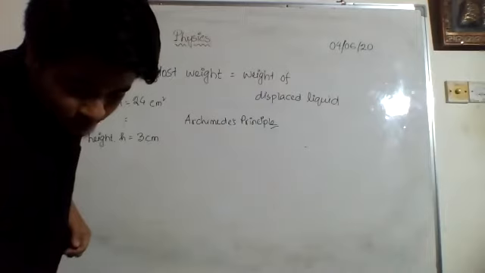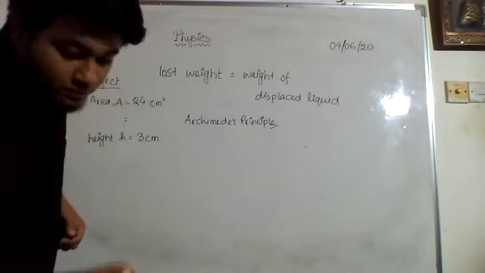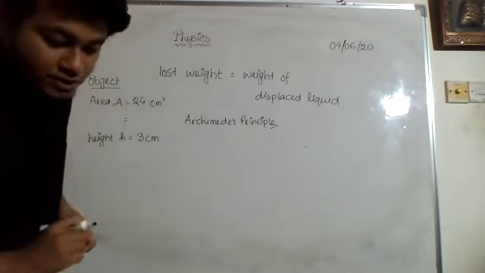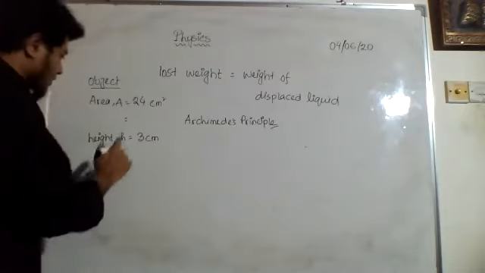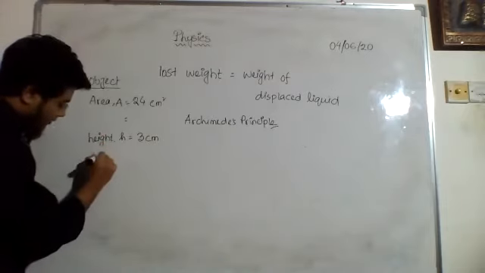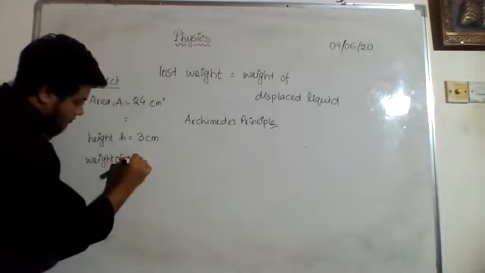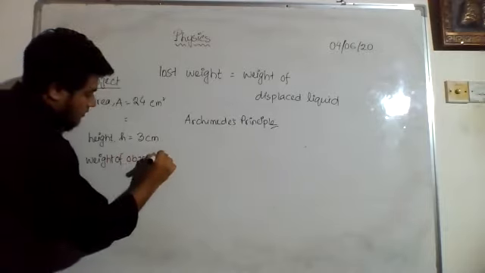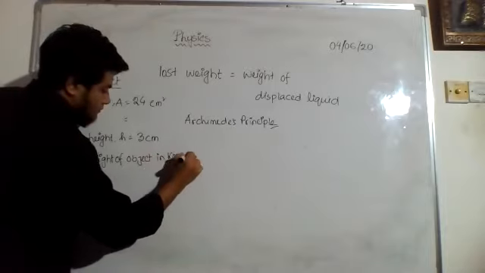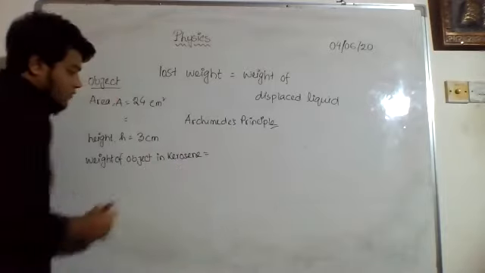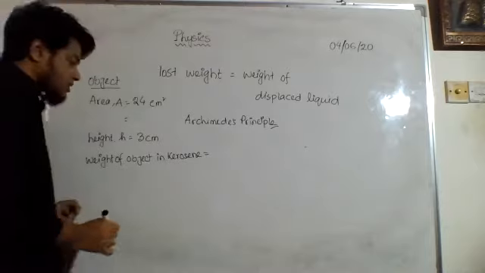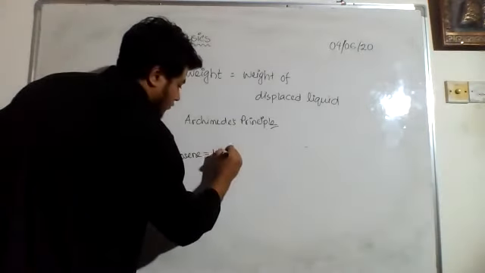Okay, fine. Then the weight of the object is 1.4 Newton when it is submerged in kerosene. When it is submerged in kerosene, it is 1.4 Newton.